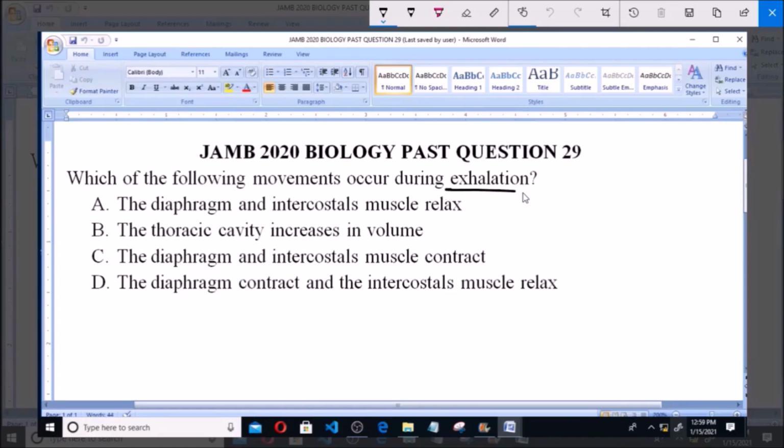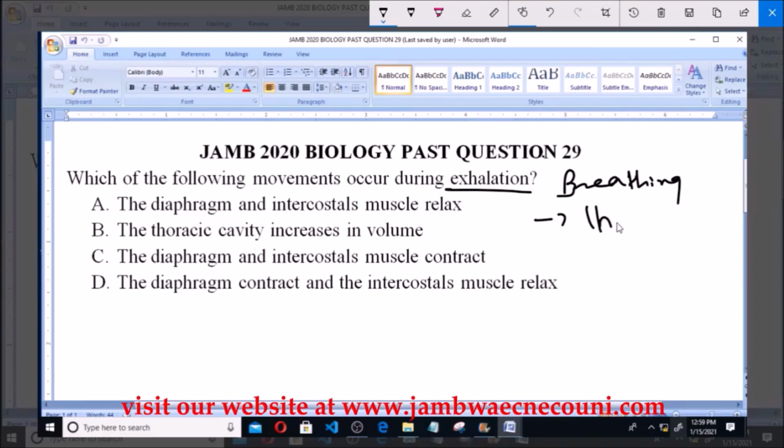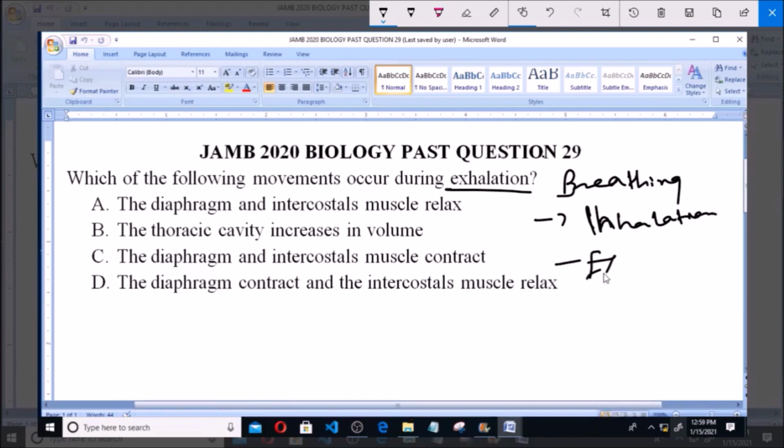Now, exhalation is the second stage of breathing. Breathing, also known as external respiration, comprises inhalation and exhalation, or expiration. During inhalation, the body acts in such a way as to take in air into the lungs, and by doing that, the body will tend to increase the space of the thoracic cavity to take in more air.